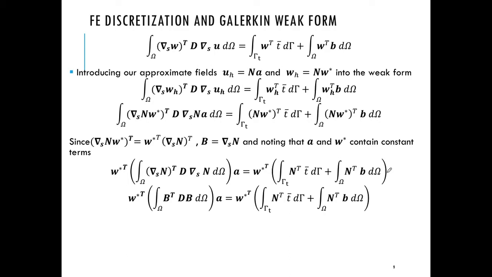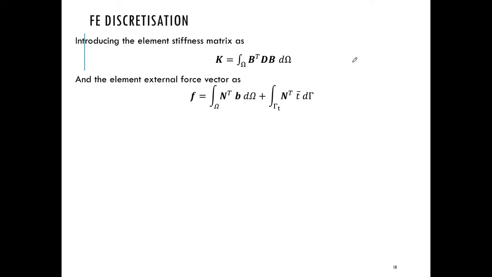Perhaps we can write it slightly more compactly by noting that we could introduce some terms to represent these integrals. So what I'm going to do is represent my integral of B transpose D B over the domain as my stiffness matrix K, and represent my right hand side of the previous equation using my force vector or right hand side vector like so, where in my force vector, please note that there are two different terms. One is the domain term, so I'm going to call it my body force vector.